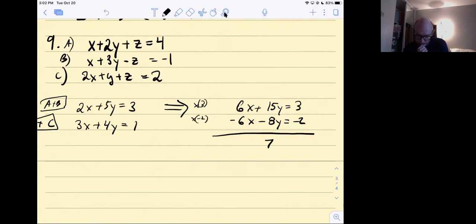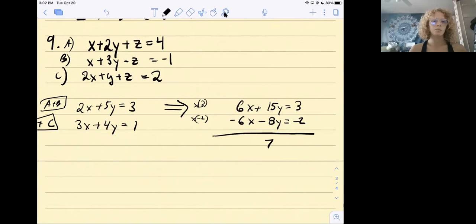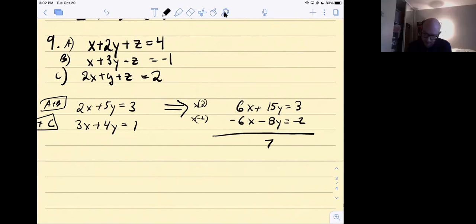You didn't multiply the other side. Sorry. Oh, is that a 9? I forgot to multiply by the 9. Thank you. So this is going to be a 9. Awesome. And this is going to be 7. So 7y is equal to 7. Then that tells us that y is equal to 1.